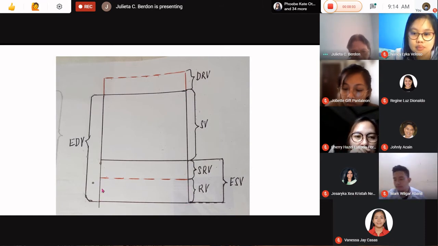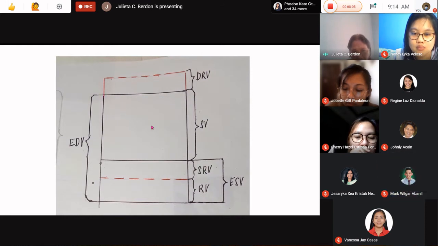The amount of blood present in the ventricle just prior to systole, or just prior to contraction, is what you call the end diastolic volume. This is the amount of blood just before the ventricle will contract.